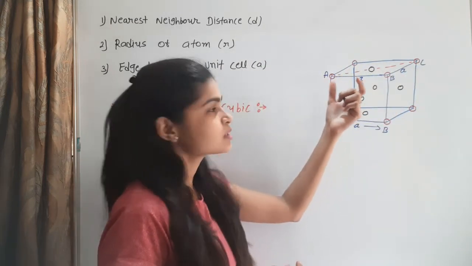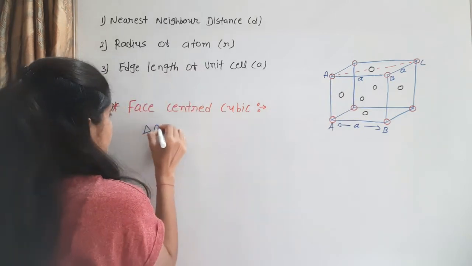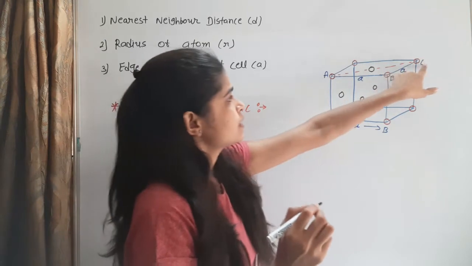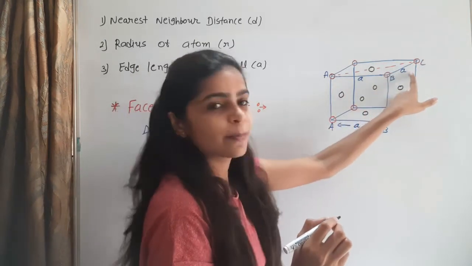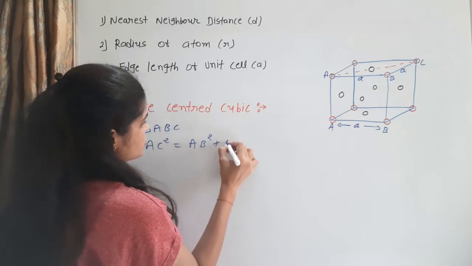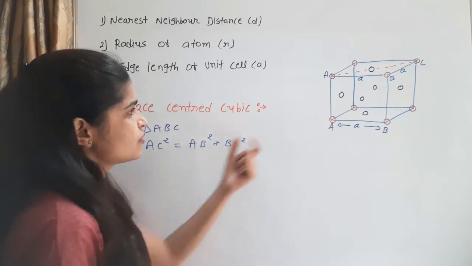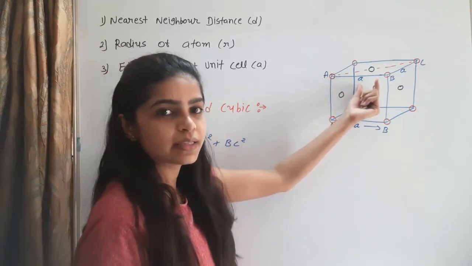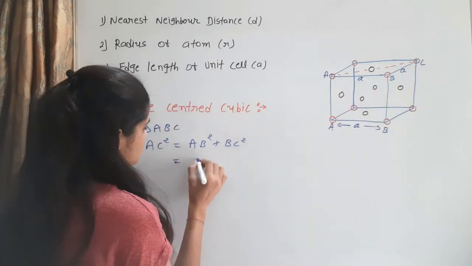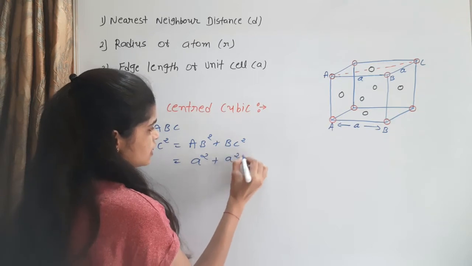By Pythagoras, AC square is equal to AB square plus BC square. The value AB is equal to the edge length A and BC is also A. So A square plus A square.